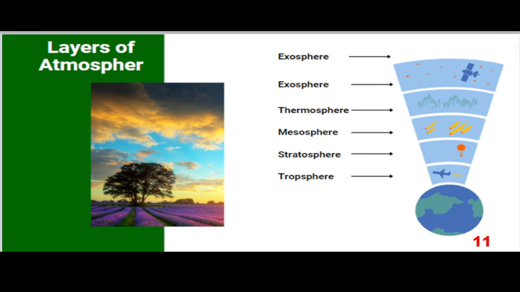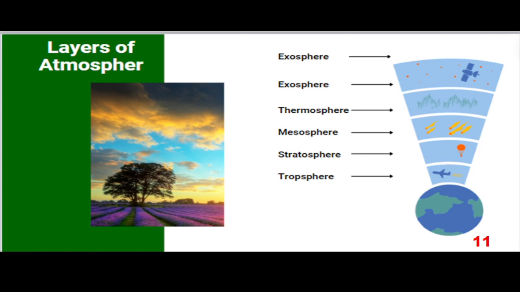Then the second layer is the stratosphere. The word stratosphere originates from the Latin word stratum, meaning layer. It lies above the troposphere, extending up to about 50 km, characterized by an increase in ozone with a maximum concentration at about 30 km.